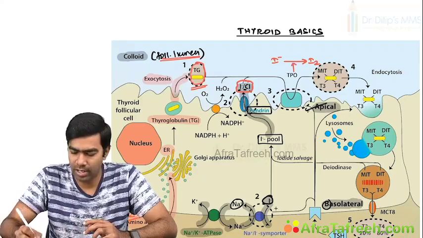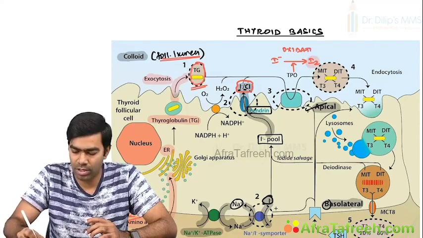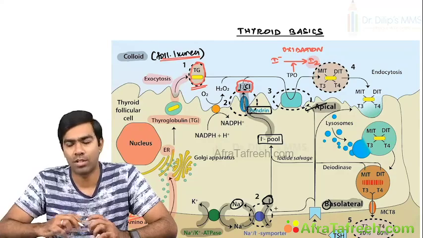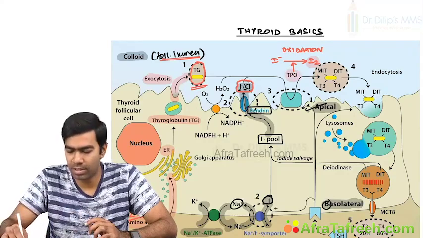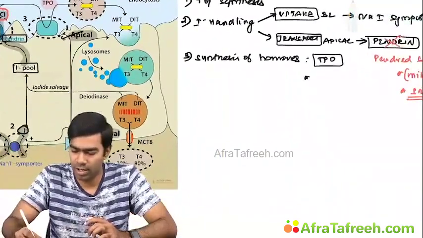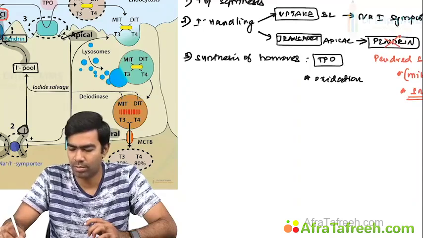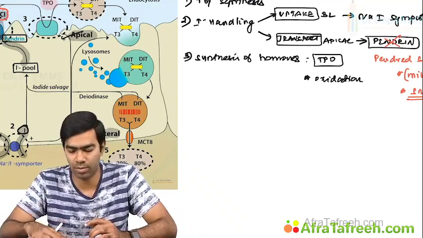This iodine formation from iodide has to be done by a process called oxidation, which is mediated by thyroid peroxidase. So step number 1, that is the oxidation step: oxidation of iodide to iodine, done by thyroid peroxidase only.